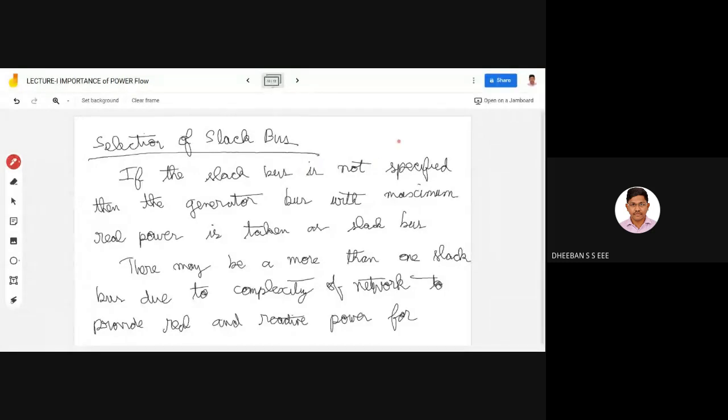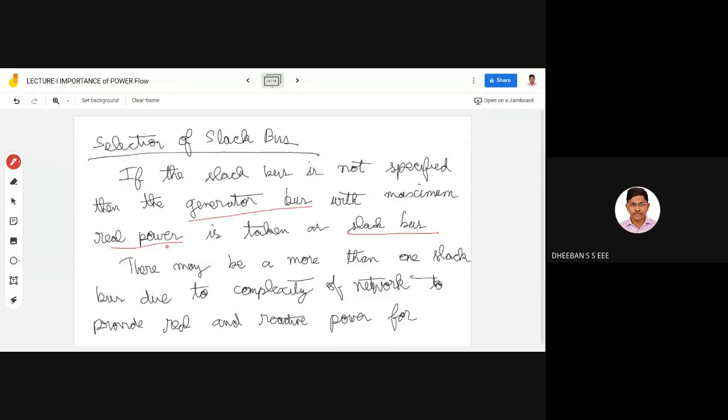If the slack bus is not specified, then the generator bus with maximum real power is taken as the slack bus. Sometimes in a question they won't give you the slack bus, then you have to consider the generator bus with the maximum real power.